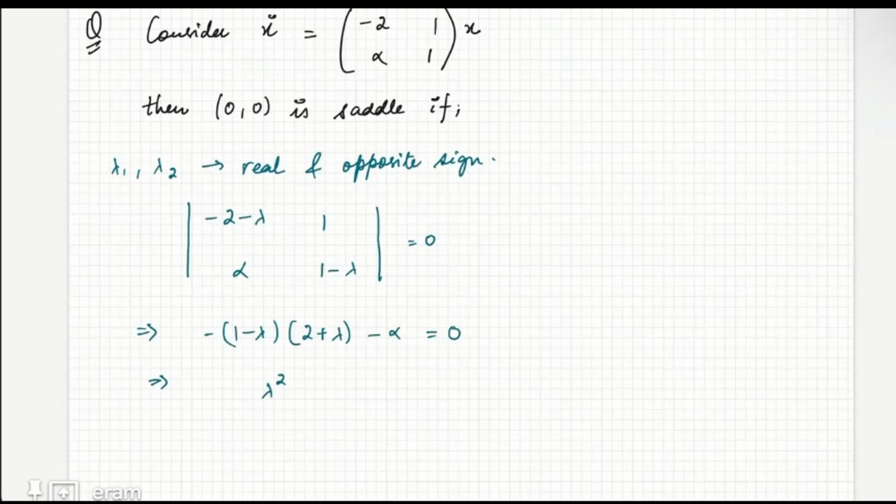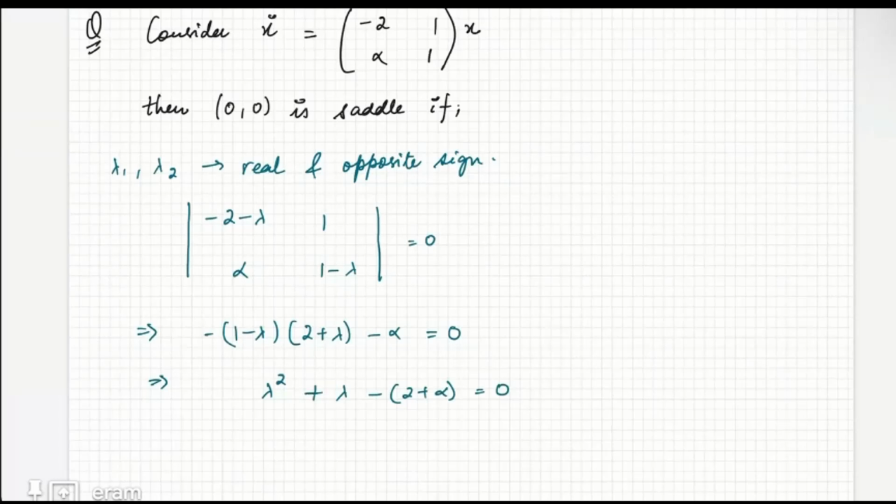So it will be lambda square minus 3 lambda... minus 2 plus alpha... I think it is plus lambda.